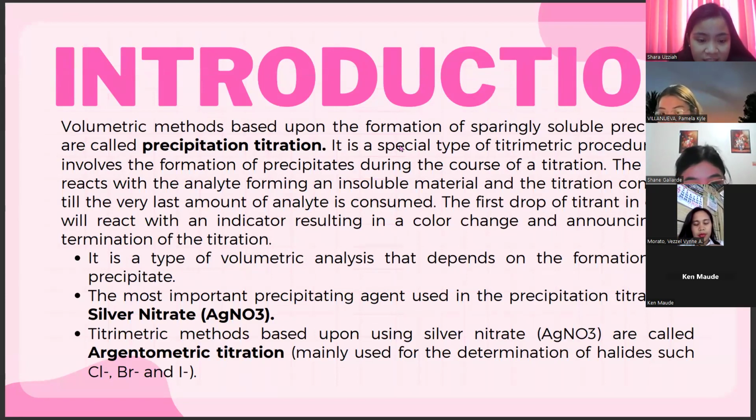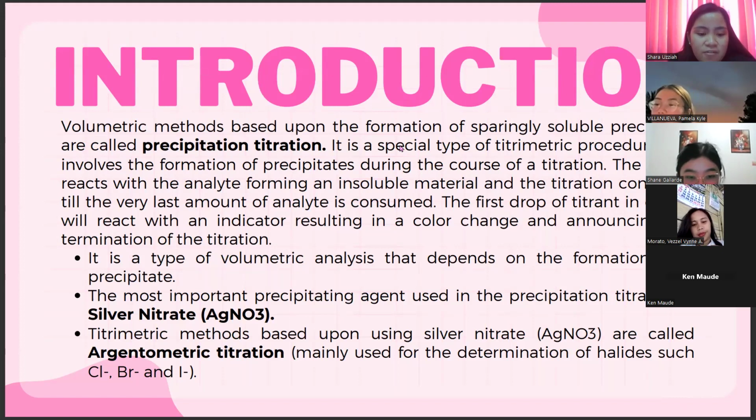The titrant reacts with the analyte, forming an insoluble material, and the titration continues till the very last amount of analyte is consumed. The first drop of titrant in excess will react with an indicator, resulting in a color change and announcing the termination of the titration. In our case, the brick red silver chromate precipitate is our endpoint.